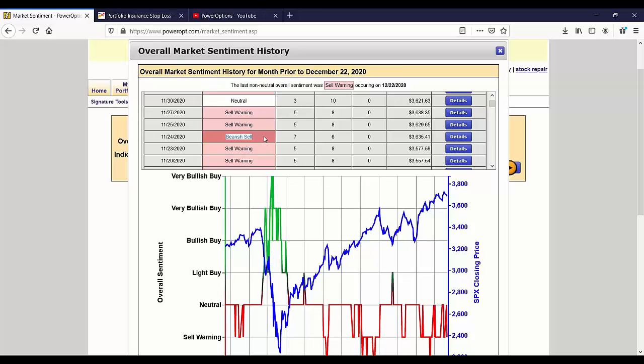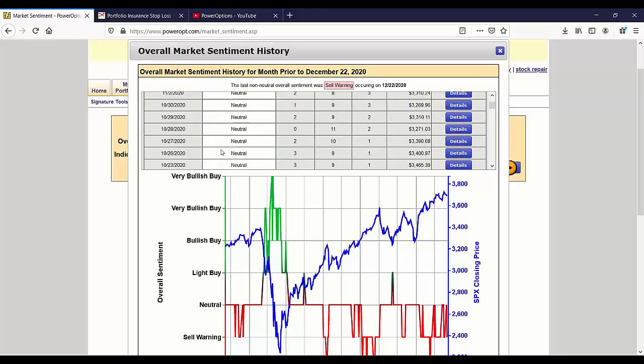In general, although we are seeing a collection of sell warnings in a row, the trigger that I typically use is for a bearish indication using the market sentiment tool, meaning that I may look to start preparing to manage some of my bullish positions: bull put credit spreads, diagonal calendar spreads, selling calls against stock positions that have an unrealized gain, buying puts more likely against stock positions that have an unrealized gain, or maybe selling calls near the top on my married put positions.